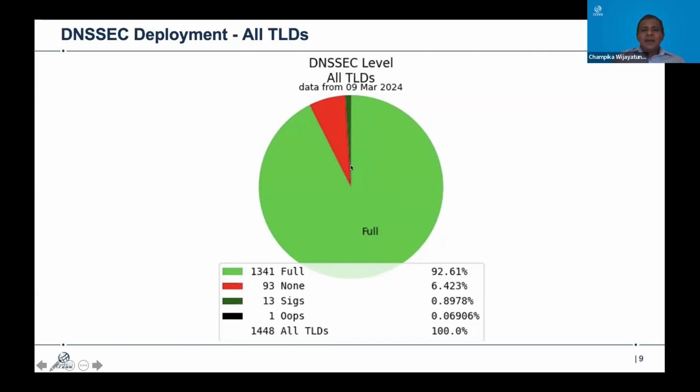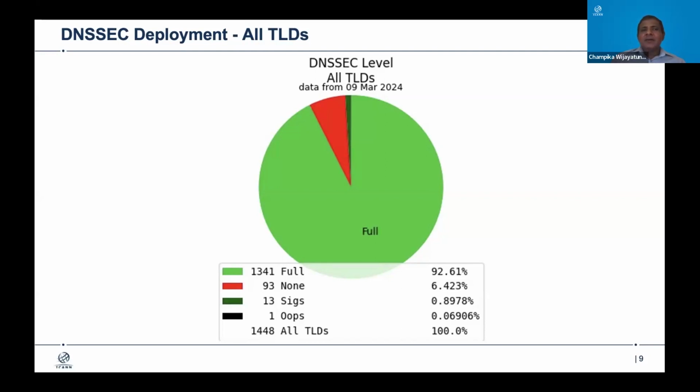And then the red part is where the TLDs have not deployed DNSSEC or have not signed their top level domains. Now, when you think of top level domains, there are different categories as well. There are generic top level domains. Then there are country code top level domains. Now, these generic top level domains, including the new generic top level domains, they have to sign a contract with ICANN on how they operate their generic top level domain, right?